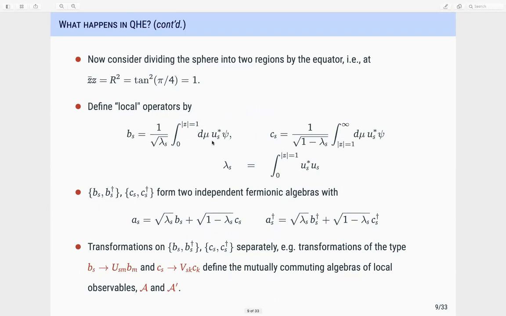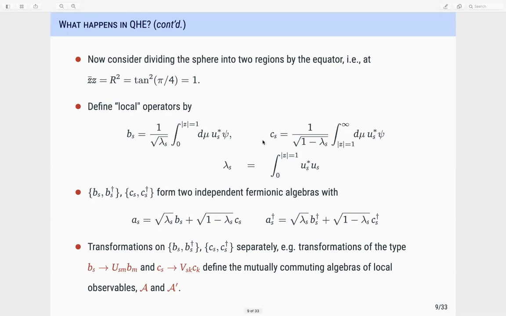So B sub S is just go over the northern hemisphere from 0 to z equals 1. C sub S is over the southern hemisphere, and these are local. You can think of the integration being restricted here as if it's a local test function that I'm putting here. And let me define lambda S to be the integral up to the equator over the northern hemisphere.